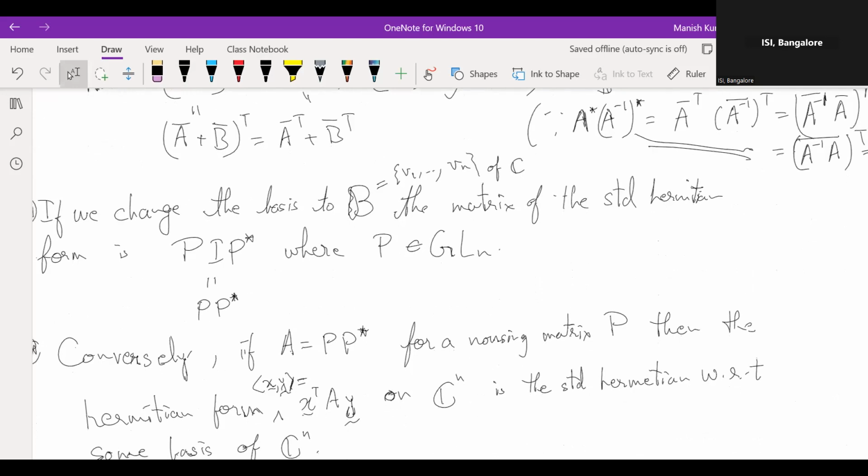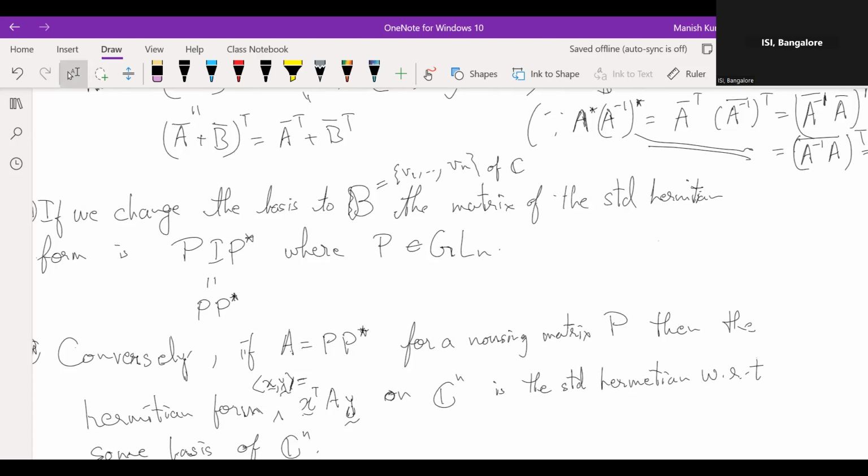It is the adjoint of some matrix, I times that matrix, or you can write it as P times I times P star. Either way is fine.